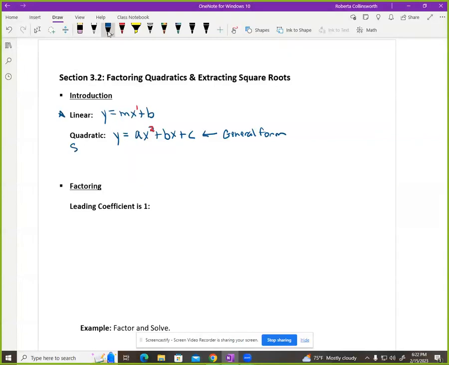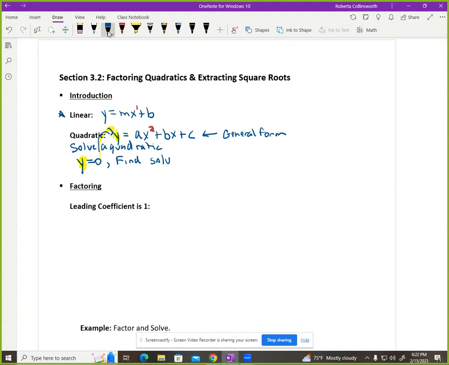So to solve a quadratic, like we solved a linear, that means that we're going to set y equal to 0. So here's y. We're going to plug a 0 in for that, and then find its solutions.